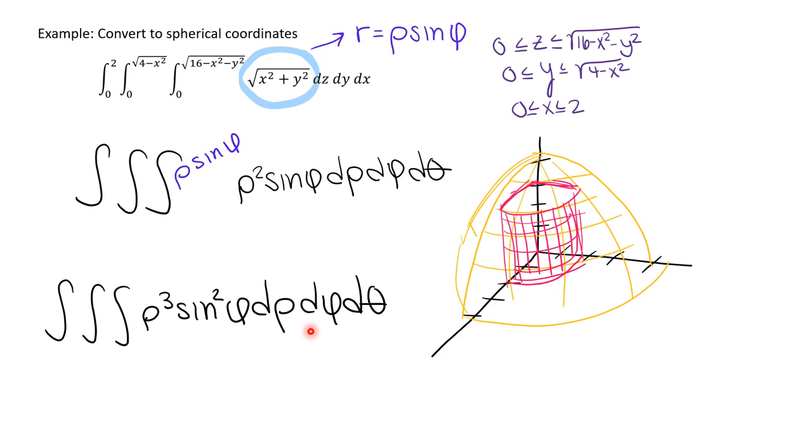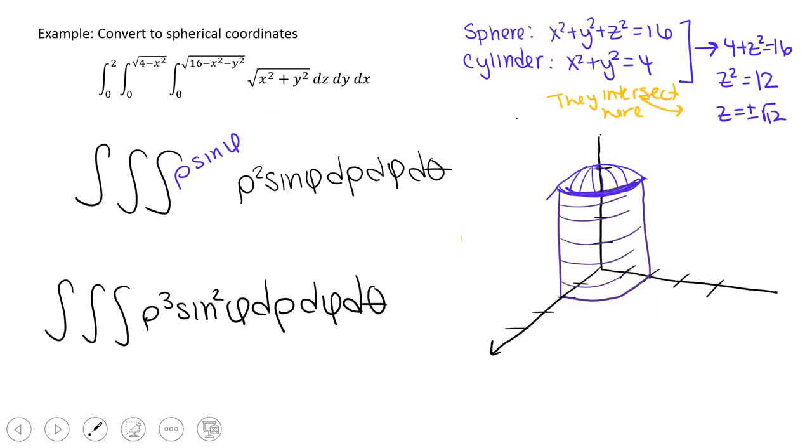All right, now for the hard part, perhaps. We've got to figure out these bounds of integration. And so I did some erasing. I redrew my picture so I had a little more room, fewer lines. So again, I have this cylinder, and then it's capped by part of this sphere.